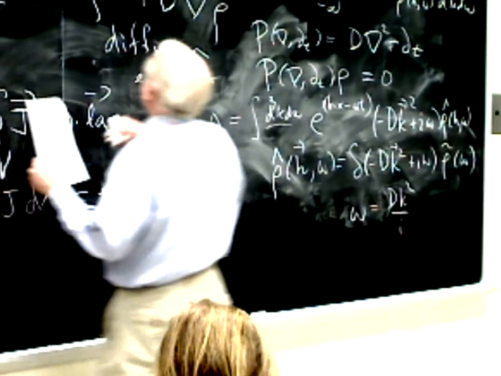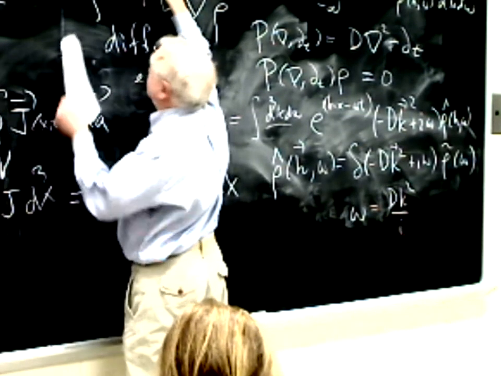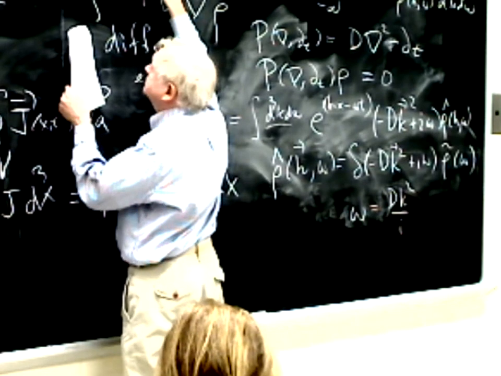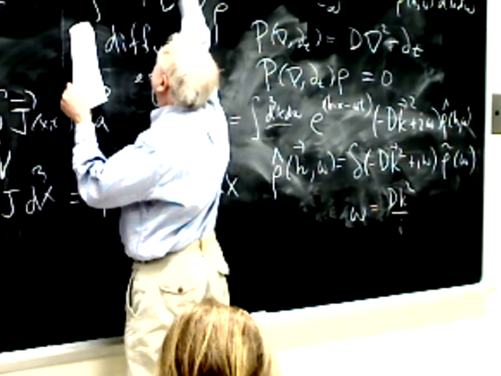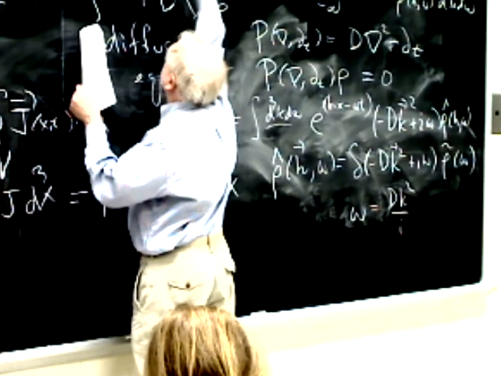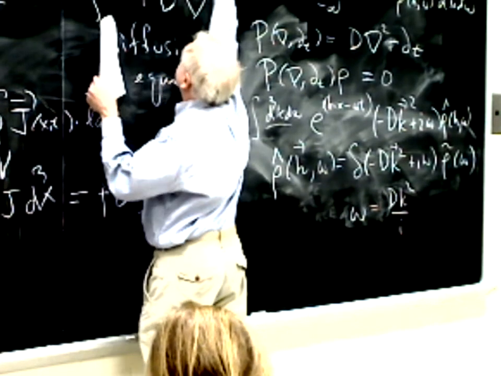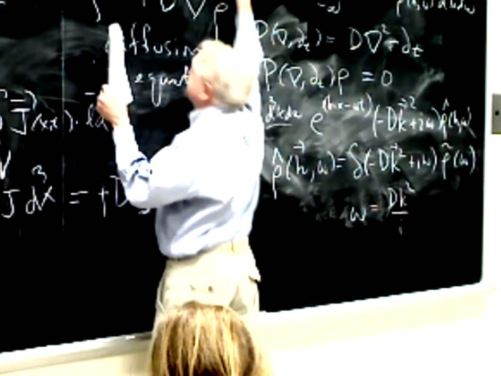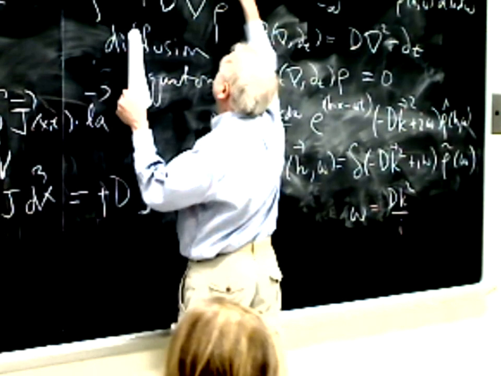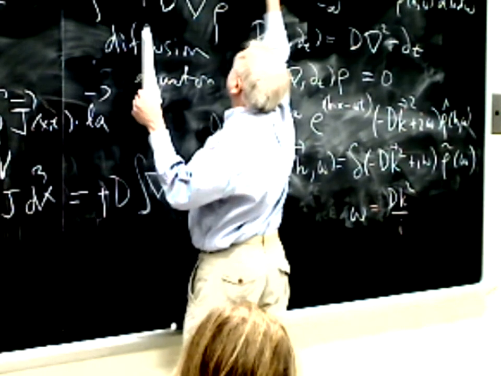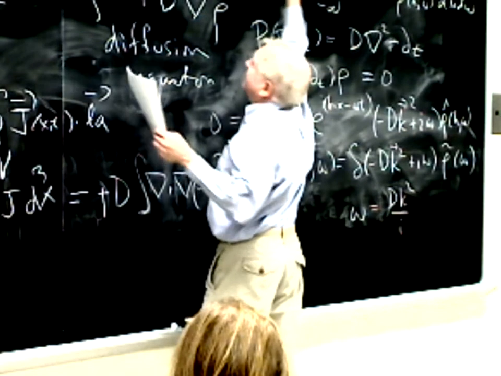And so in fact, this is the integral e to the i k dot x minus d k squared t, rho tilde of k, d cubed k.